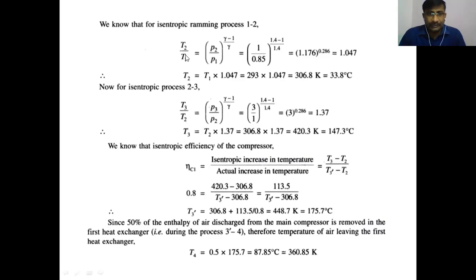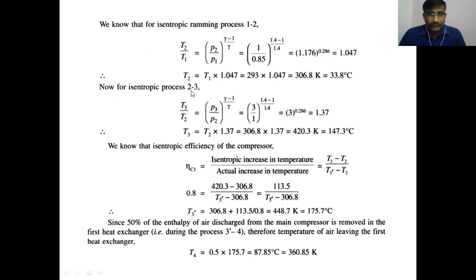T2 can be found from this equation, T1 into 1.047. T1 is given in the problem as the ambient temperature, 293 kelvins. From this we get 306.8 kelvins as the temperature at state point 2.